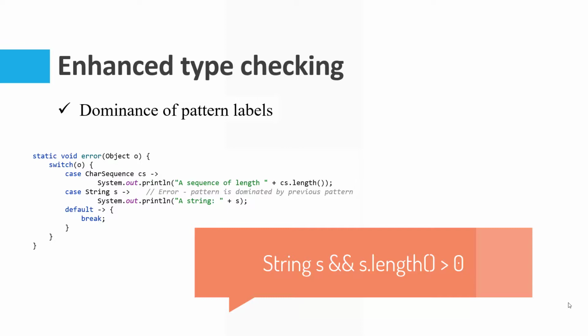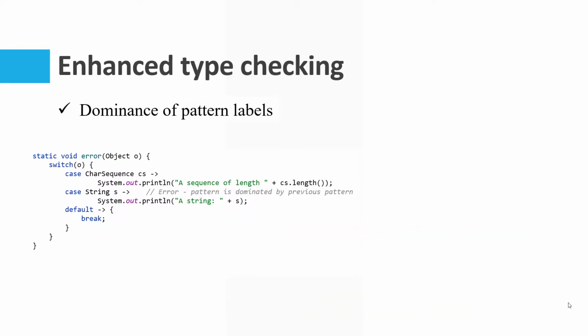The compiler checks all pattern labels. It is a compile time error if a pattern label in a switch block is dominated by an earlier pattern label in that switch block.